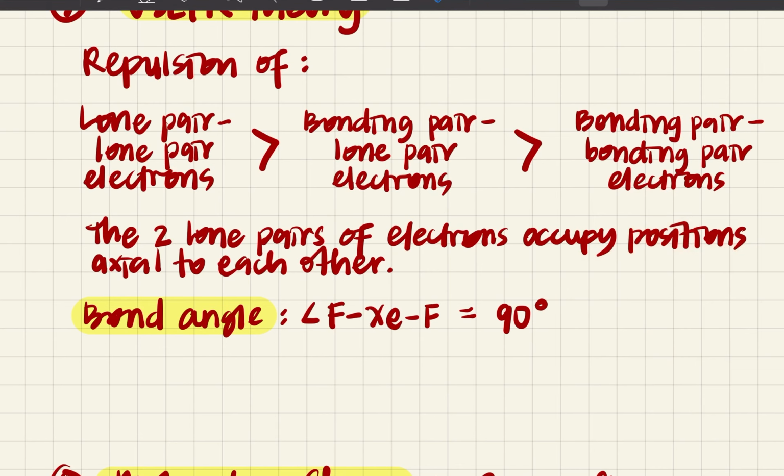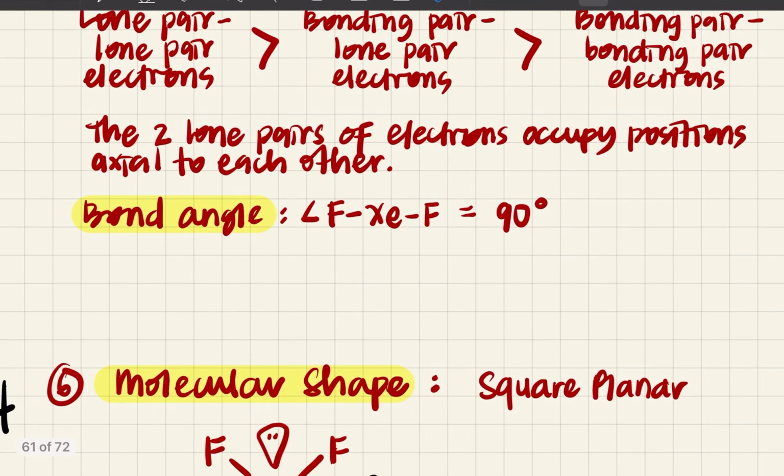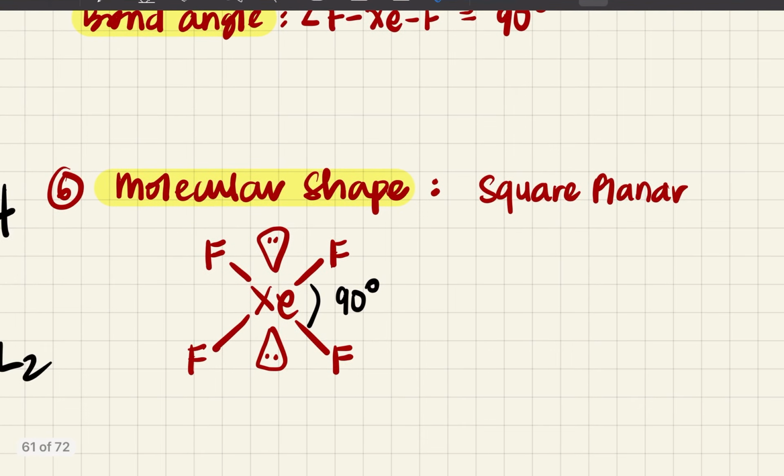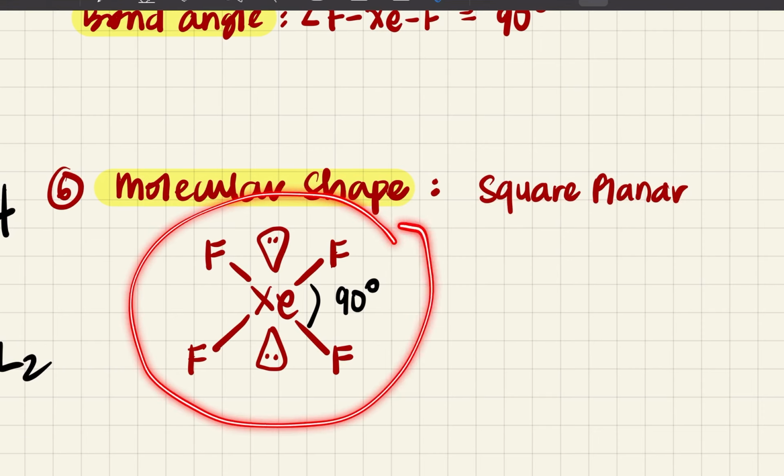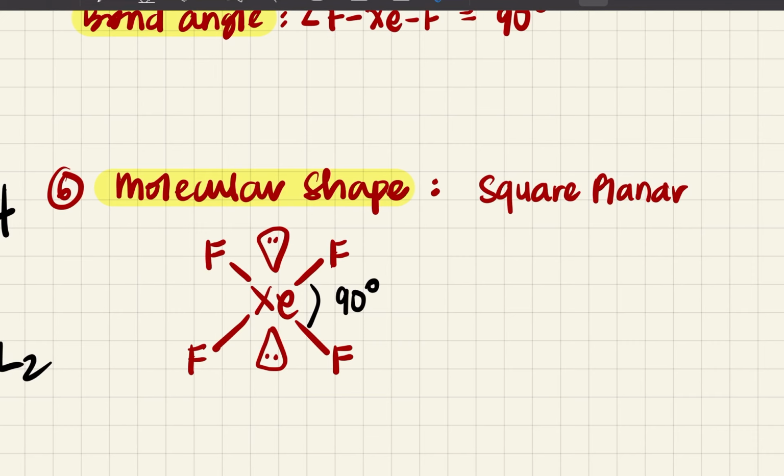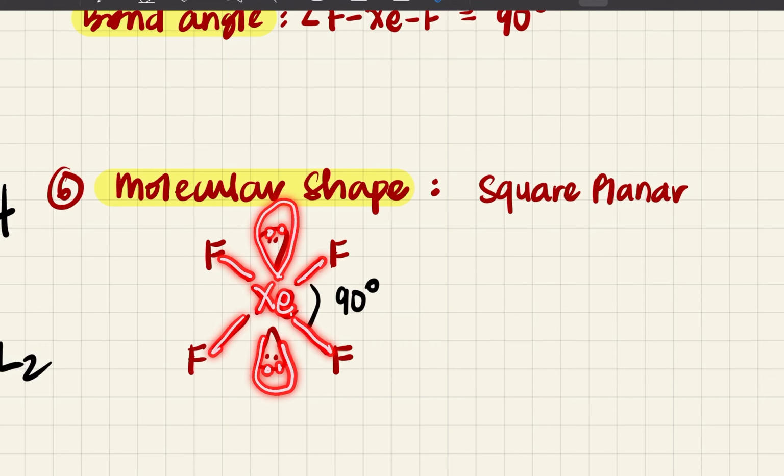The bond angle for your molecule, fluorine, xenon, fluorine, will be 90 degree because you have a square planar shape. So the molecular shape will be square planar, and you will draw it like so. Xenon, with a lone pair above the plane and a lone pair below the plane. This is your plane.